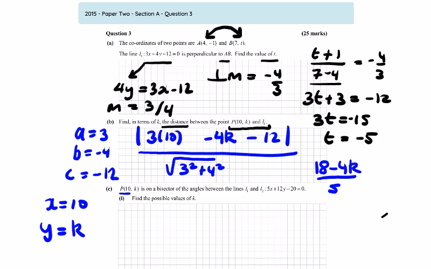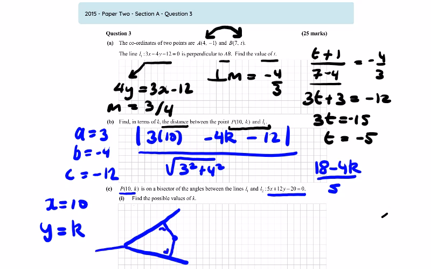And it tells us in part C, this point P (10, k) is on a bisector of the angles between this line L1 and L2. So if P is here and it bisects the angle, it means the perpendicular distance to that line and that line will be the same.